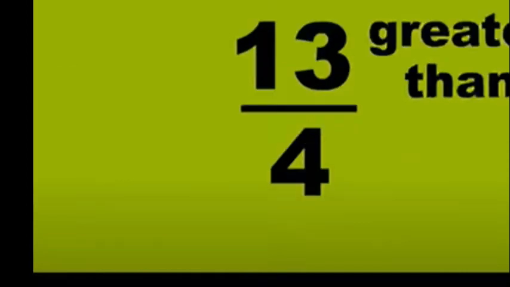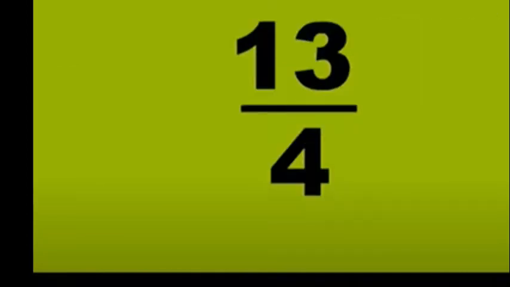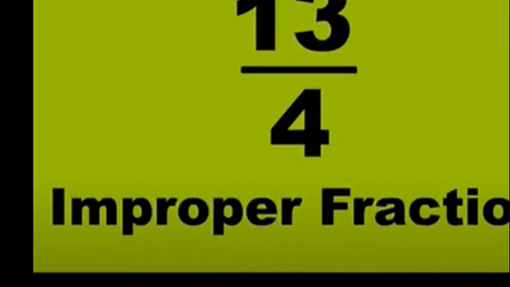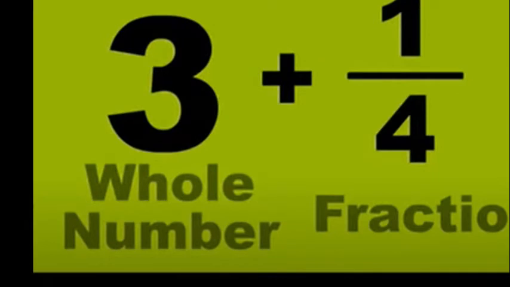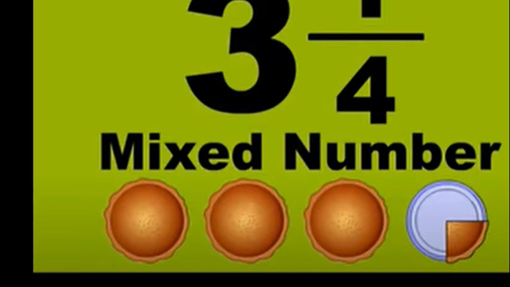When the numerator is greater than the denominator, that is what we call an improper fraction. 13/4. Sometimes we have a whole number together with a fraction. A whole number and a fraction is a mixed number. 3 1/4. And that's a fraction.